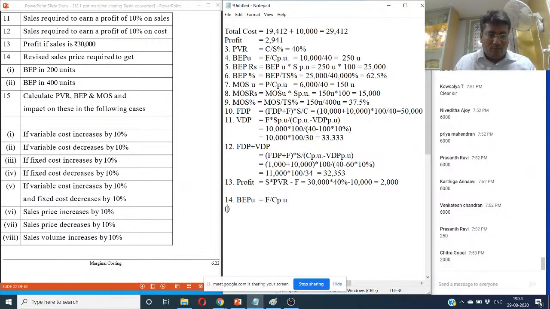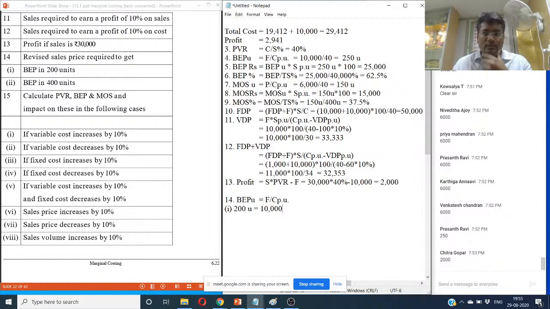In the 14th first part, my BEP is 200 units itself, not the regular 250 units. I have to attain the BEP by selling 200 units itself. So BEP in units is already given, which is 200 units. The fixed cost here is 10,000. No doubt in it.